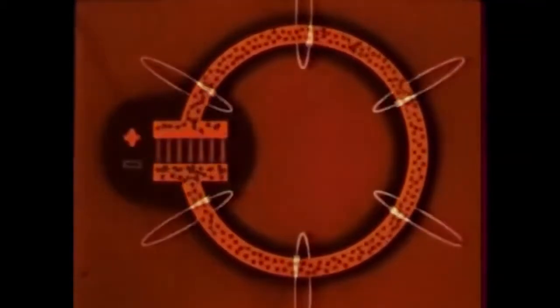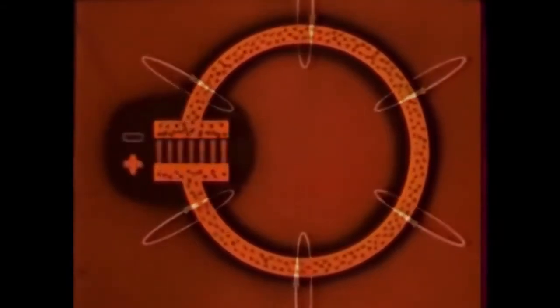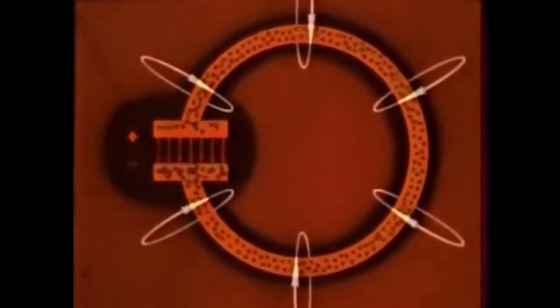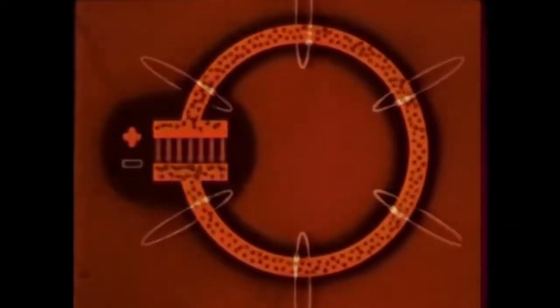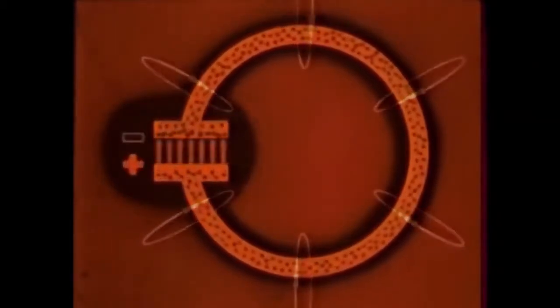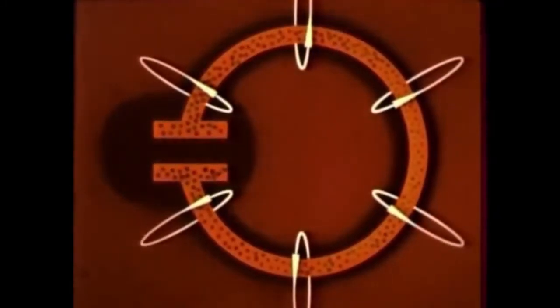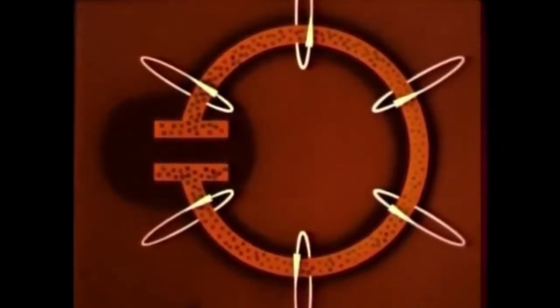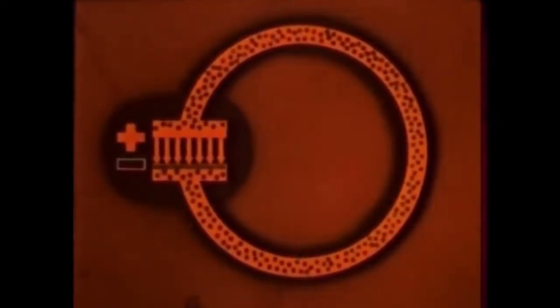The magnetic field of the loop is out of phase with the electric field of the capacitor. At the moment that the magnetic field is at maximum strength, the electric field is 0. A quarter of a cycle later, when the electric field is at maximum strength, the magnetic field is 0.